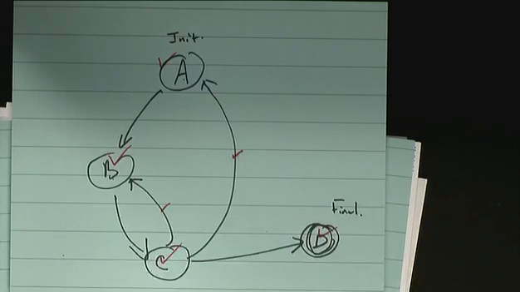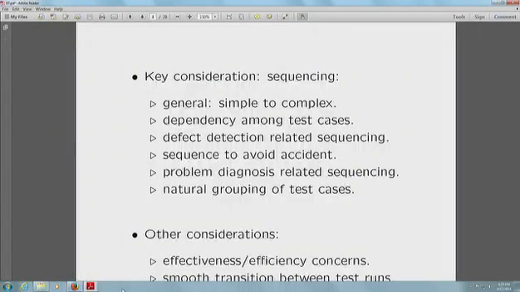Okay, and there are also other dependencies, where you have to test this one first before you can test some other things. Because the other things are a combination of, say, two modules and how they interface. If I don't know whether each module is working by itself, then I cannot really test the interface between those two. So I can test them individually and then try to put them together.